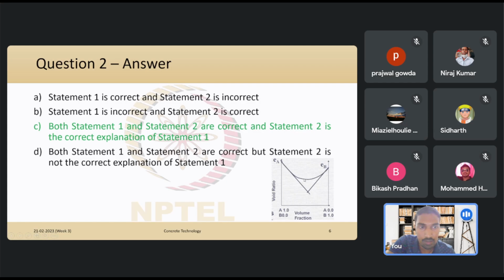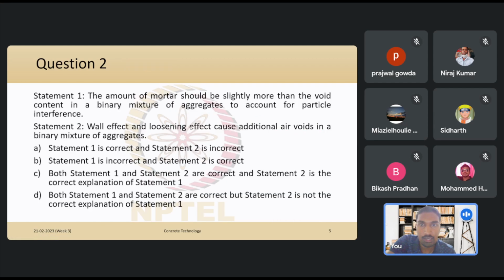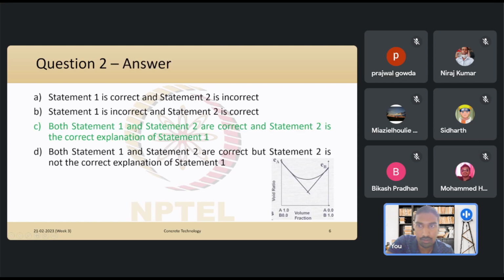But by ignoring the particle interference effect, we estimate a much smaller void ratio. So that's what the statement is saying: there will be more void ratio than what we estimate in a binary mixture, therefore we should add more mortar, and the reasoning is also correct. Okay, so that's why option C is the right option.